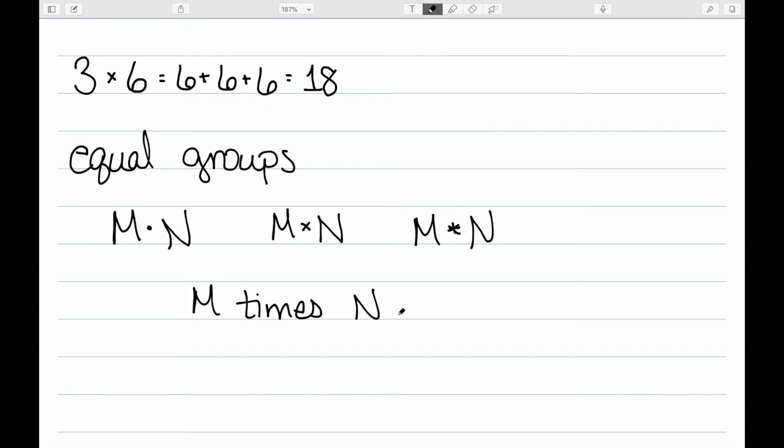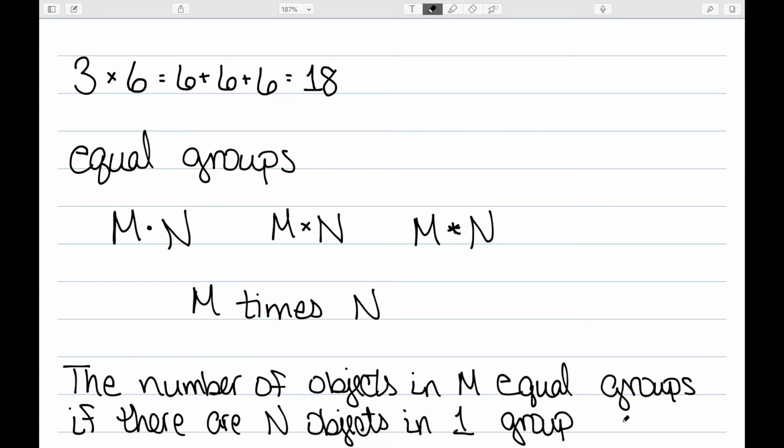So what does this mean in terms of equal groups? The way we define this in terms of equal groups, m times n is the number of objects that are in m equal groups, so the first number determines how many groups we have. If there are n objects in one group, then n, the second number, tells me how many objects are in each individual group.